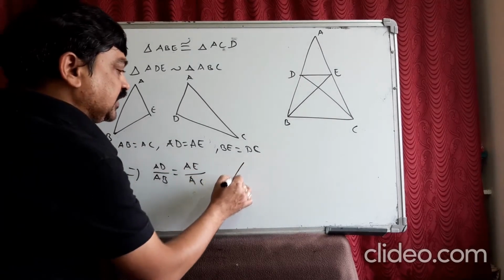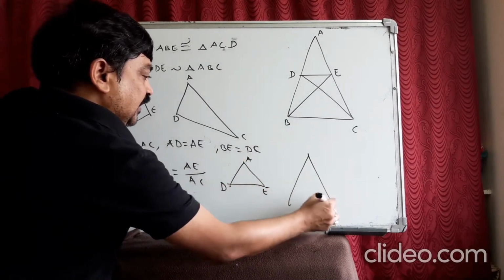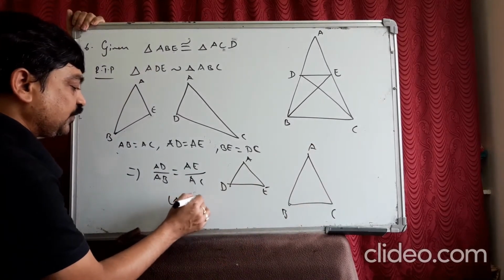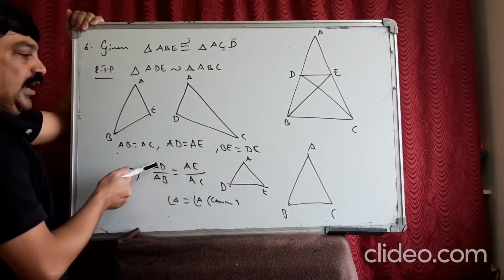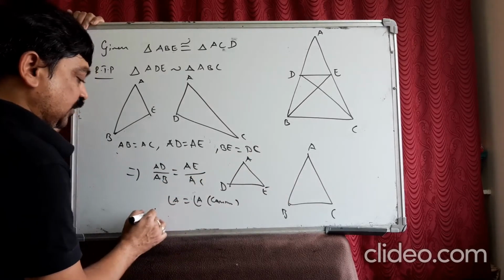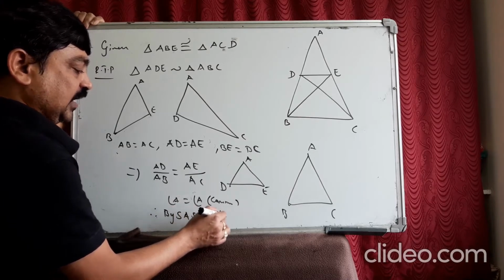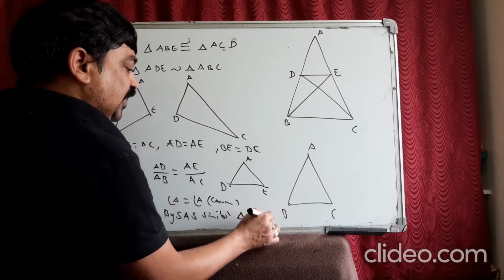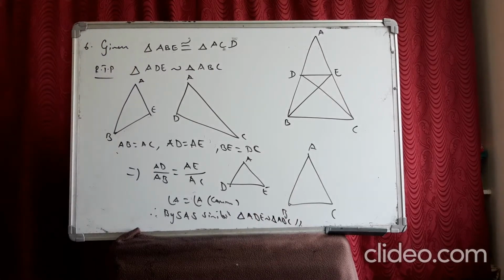Now let us take the triangles separately: A, D, E and A, B, C. Angle A is common in both, and the sides including the angle have AD by AB equal to AE by AC. Therefore, by SAS similarity, triangle ADE is similar to triangle ABC. Okay? Right. All the best.